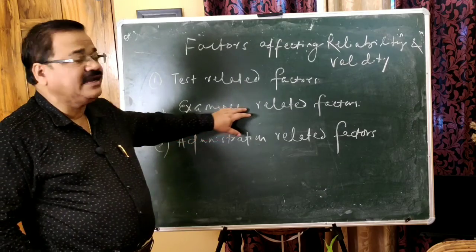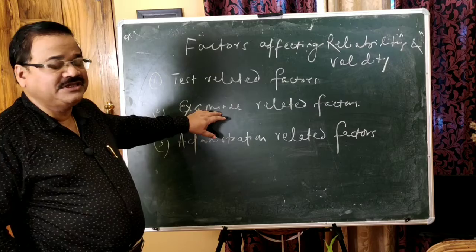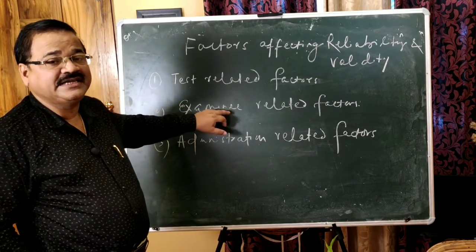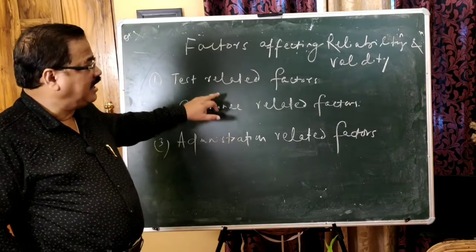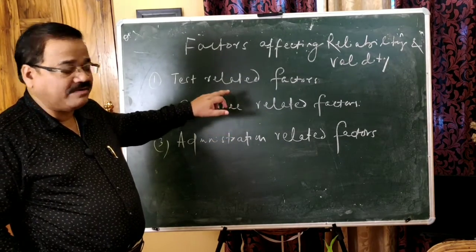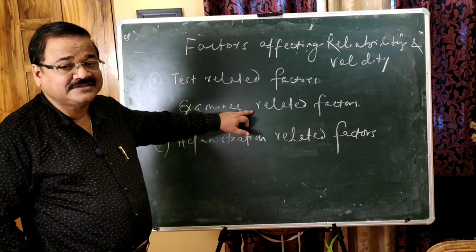Similarly, examinee related factors. There are some factors which are present with the students, the examinees, who are appearing at the examination. So the reliability gets affected and the validity also gets affected. It is because of the problems with the examinees.